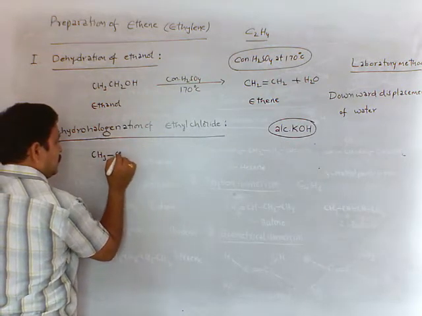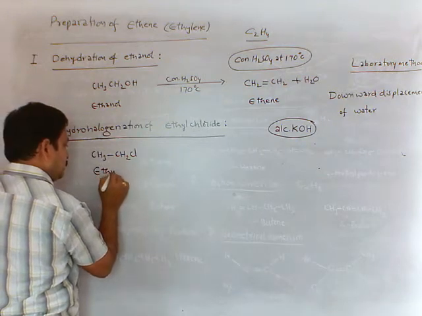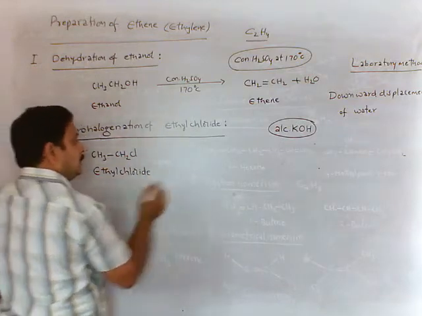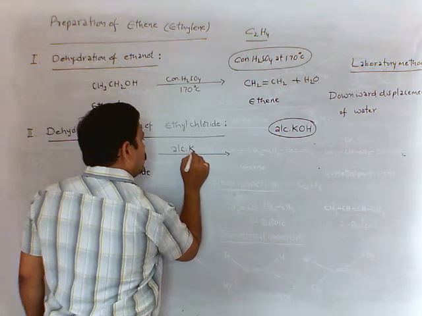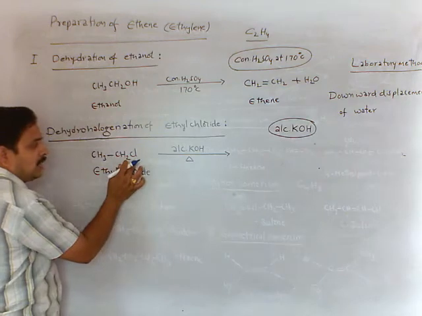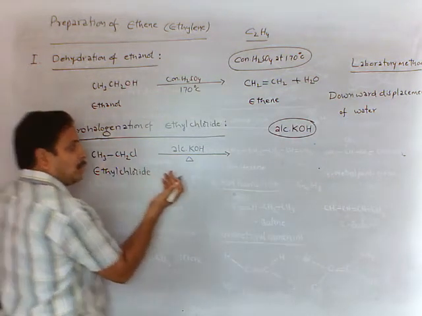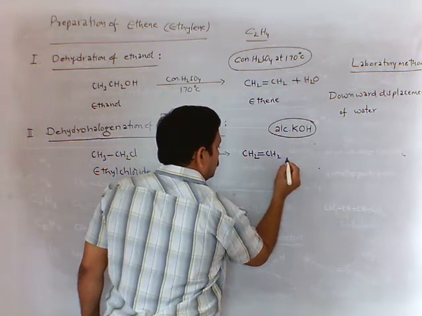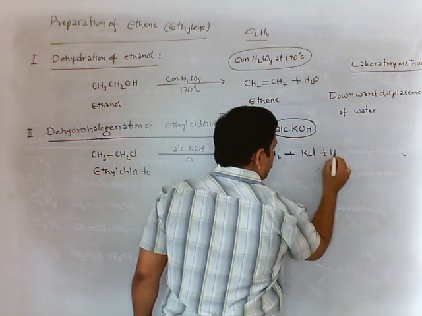Now here I am taking ethyl chloride, CH3CH2Cl. Ethyl chloride is heated with alcoholic potassium hydroxide. Chlorine comes out from this carbon, hydrogen comes out from this carbon, and the single bond becomes a double bond. So we can write CH2 double bond CH2 plus KCl plus H2O.